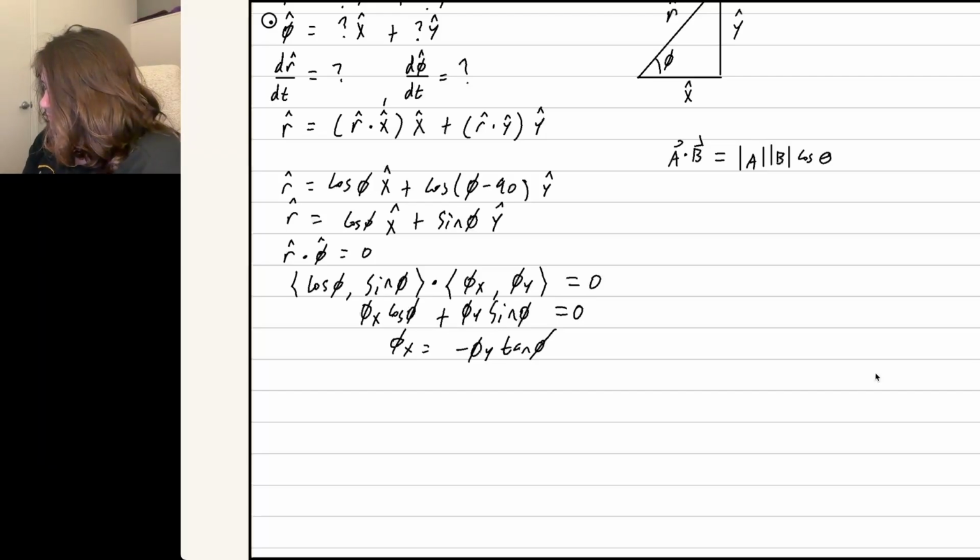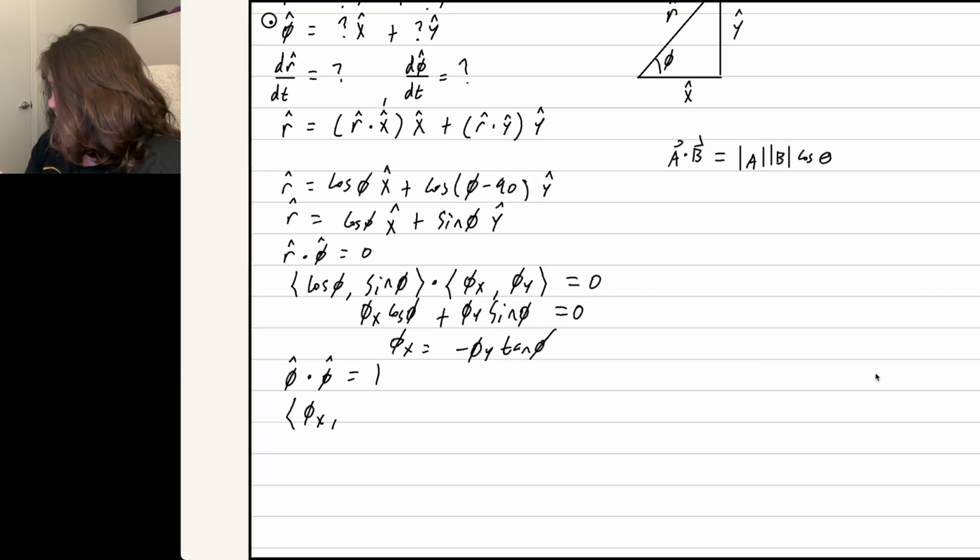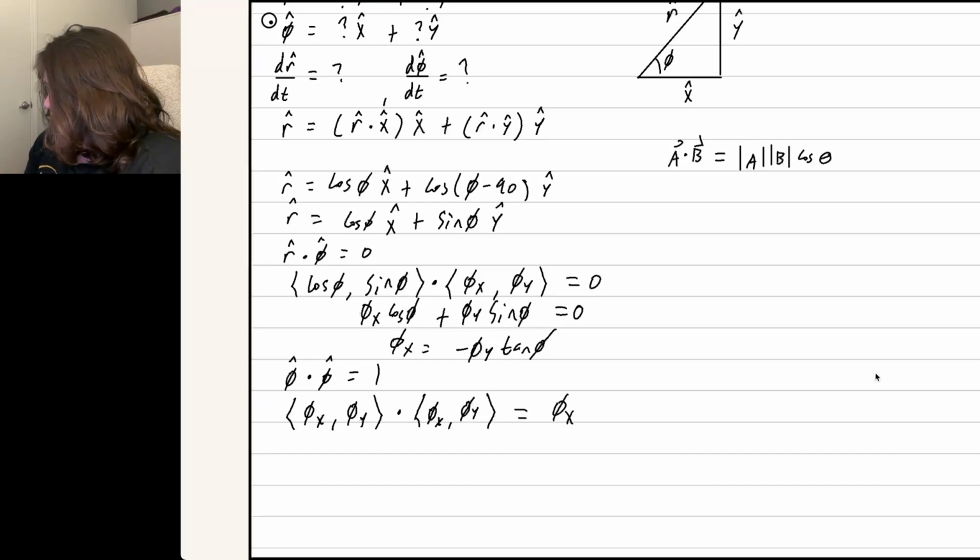There's another relationship that we can use. If we take the dot product of phi hat with itself, it better be equal to 1. For all unit vectors, that is the case. So we're doing phi x, phi y dotted with phi x, phi y, which is phi x squared plus phi y squared equal to 1.